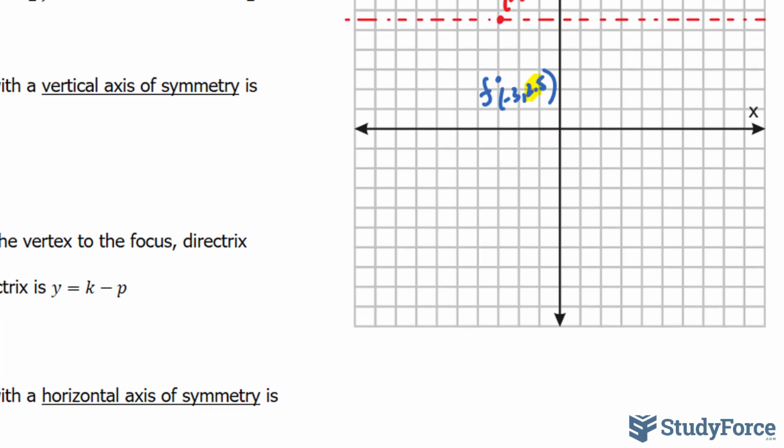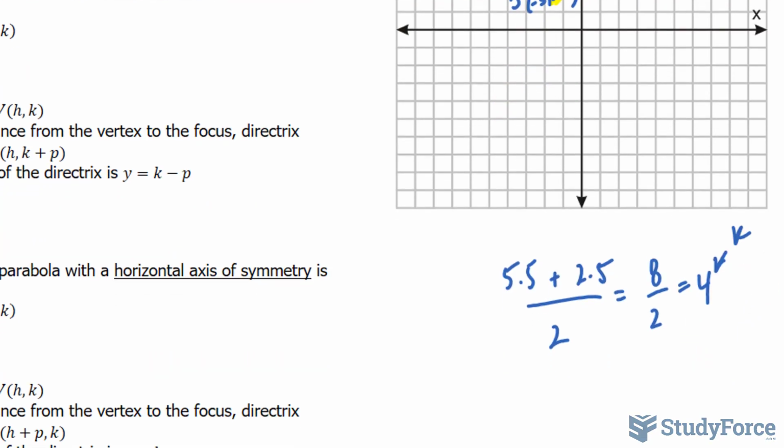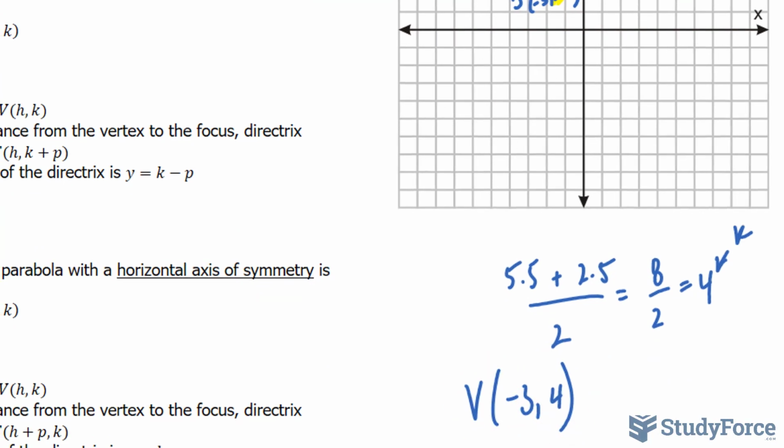So let me do that math right here. 5.5 plus 2.5 divided by 2. Adding these up, we get 8/2, and that's 4. So the vertex has a k value, or a y-coordinate, that is 4. The x-coordinate has to be -3 because that's its axis of symmetry. Therefore, our vertex is at -3 and 4.